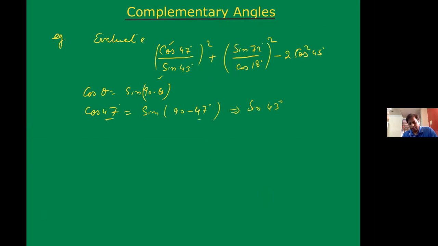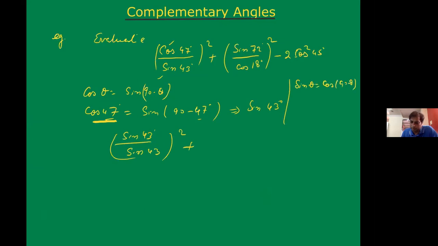So if cos 47 is equivalent to sin 43, I can write in the numerator cos 47 replaced with sin 43. The denominator is already sin 43, whole square. Plus, in a similar way, we see sin 72 degree and cos 18 degree. We know the complementary relationship sin theta equals cos(90 minus theta).